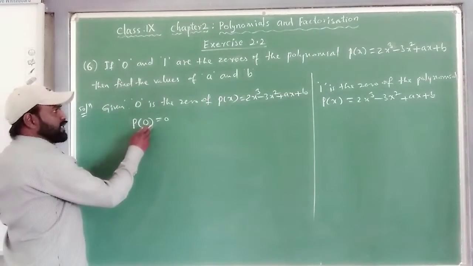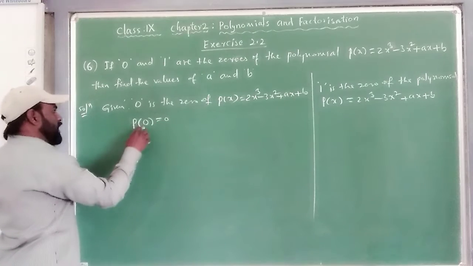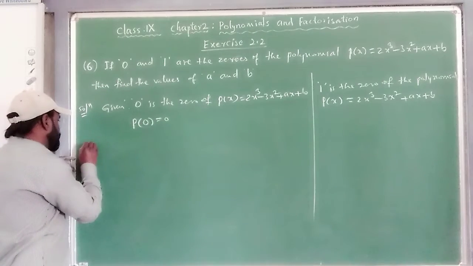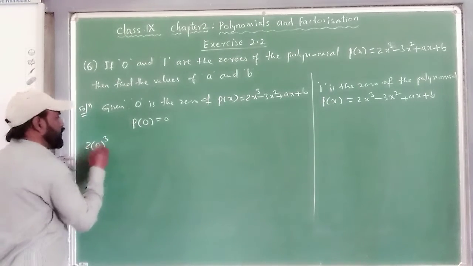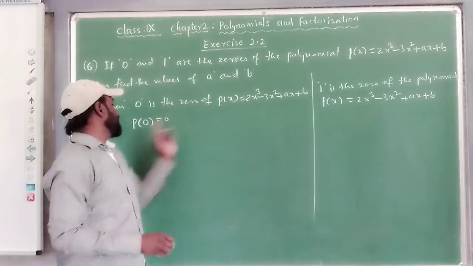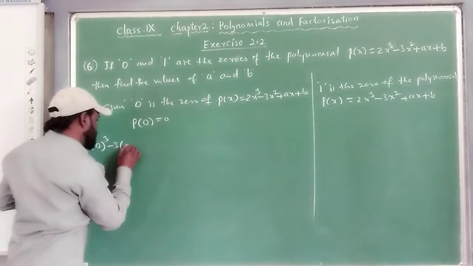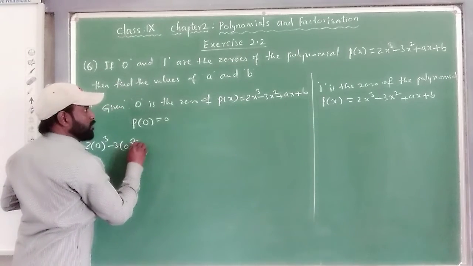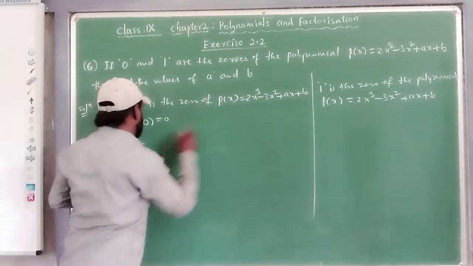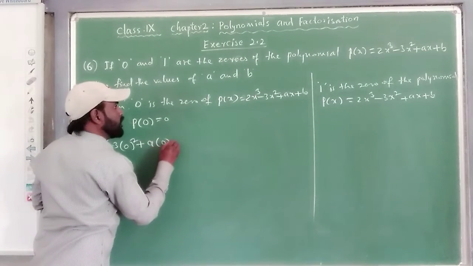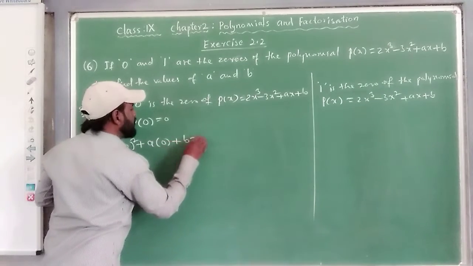So 2 into 0 cube, minus 3 into 0 square, plus a into 0, plus b is equal to 0.